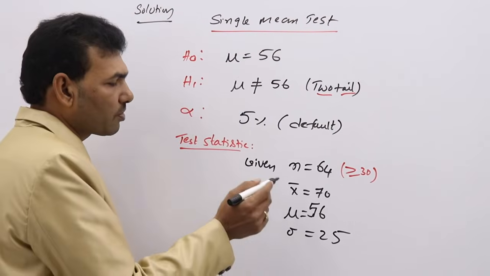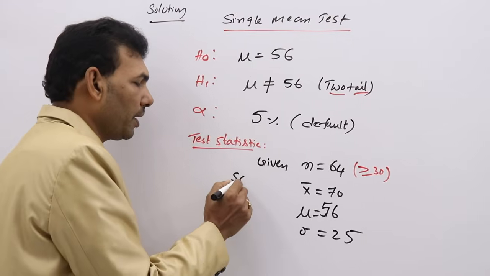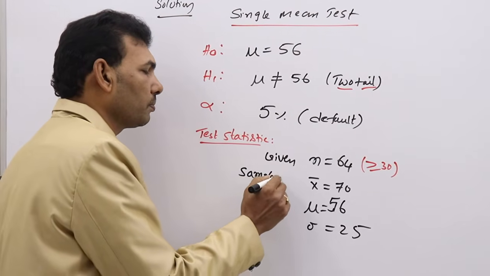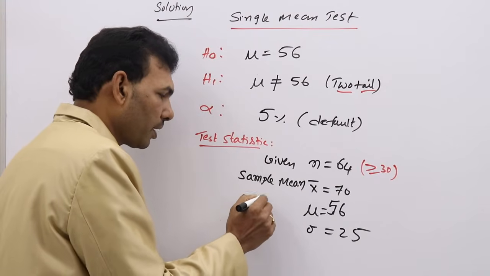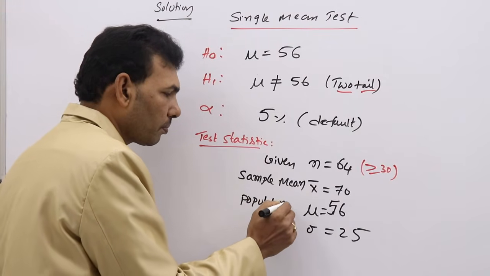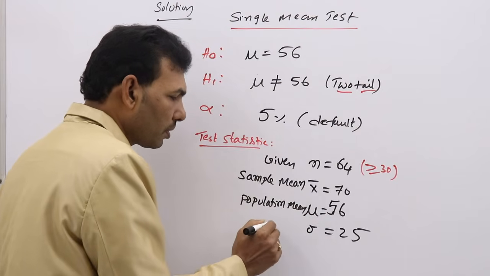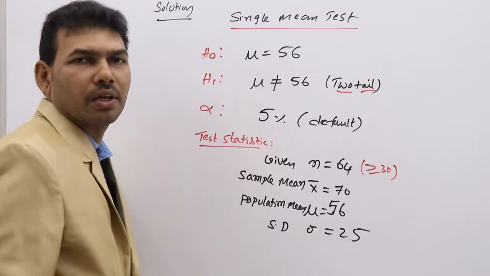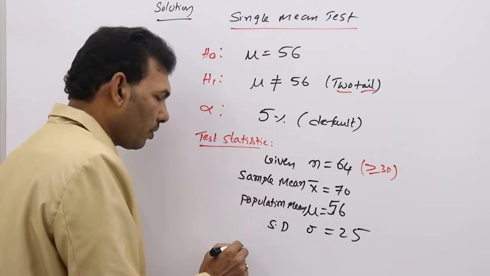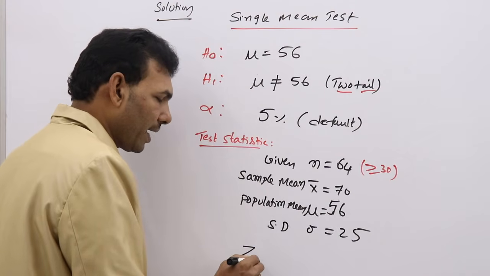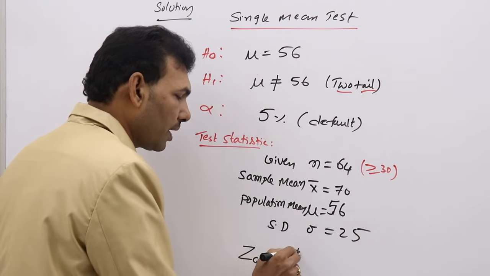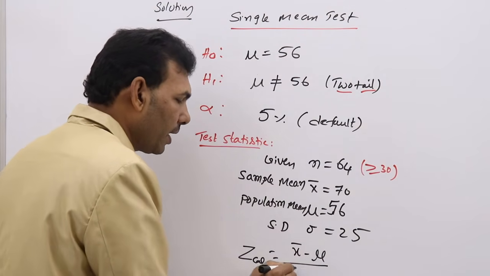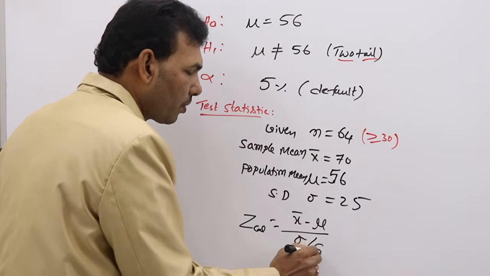The difference between X bar and mu. This is sample mean, this is population mean, this is SD. Now we need to calculate the Z calculated value, which has the formula X bar minus mu by sigma by root n.